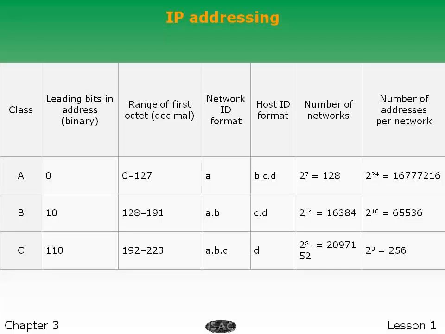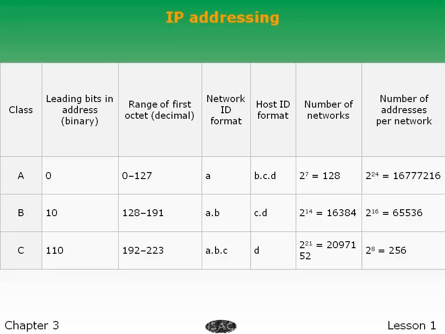The other 3 octets in class A are used to identify the host. Thus, we will have 128 networks and over 16 million hosts in a class A network.